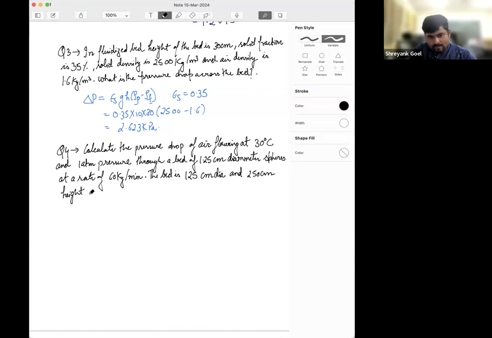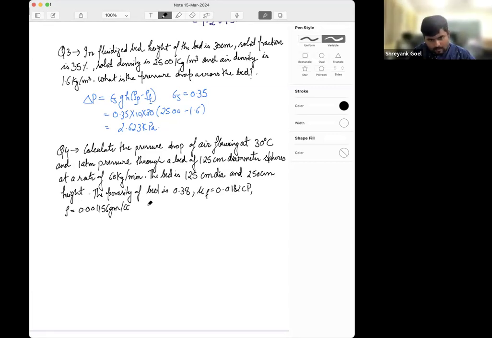The porosity of bed is 0.38. Viscosity of fluid is given to be 0.0182 centipoise. Density is given to be 0.001156 gram per cc.